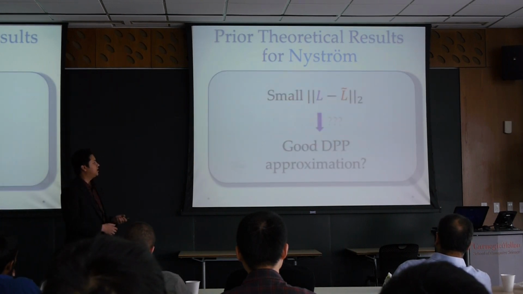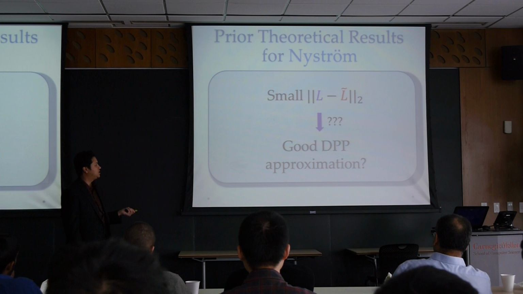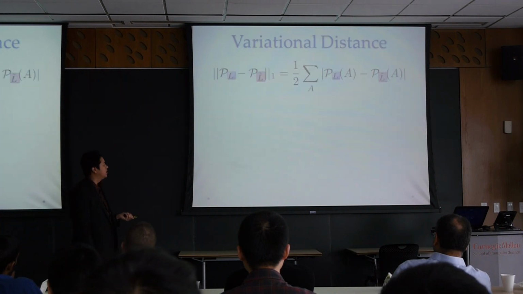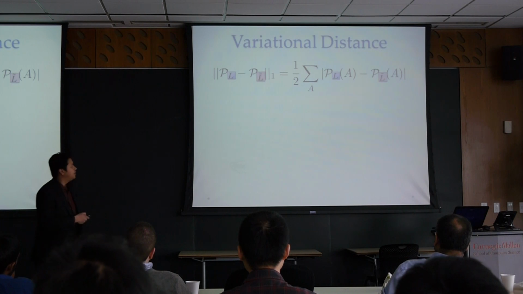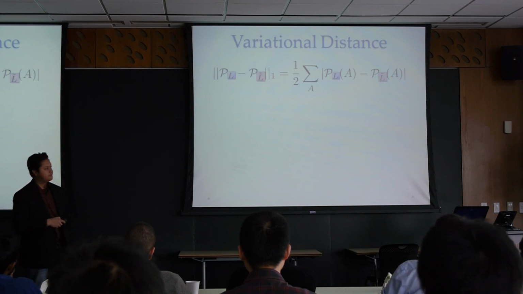But the question that we're trying to ask is, although we have a good bound on the spectral norm error, how does it translate to the DPP approximation itself? One such measure that we consider is variation distance, which is simply the difference between the probability distribution of the original DPP and the DPP with the approximated kernel, right?